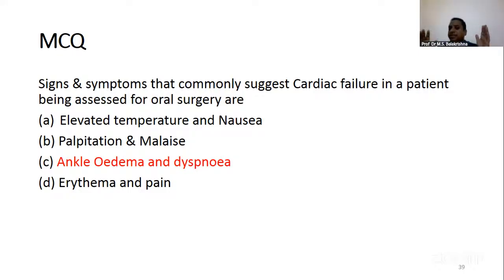Out of all the options, these are the most appropriate answer. Do a little bit of background study for this and you will get the answer correctly. Ankle edema and dyspnea are the signs and symptoms that suggest cardiac failure in a patient. If you are taking a patient for surgery and the patient has dyspnea and ankle edema, he can have a cardiac arrest on the operating table. That is why you should have a proper case history.